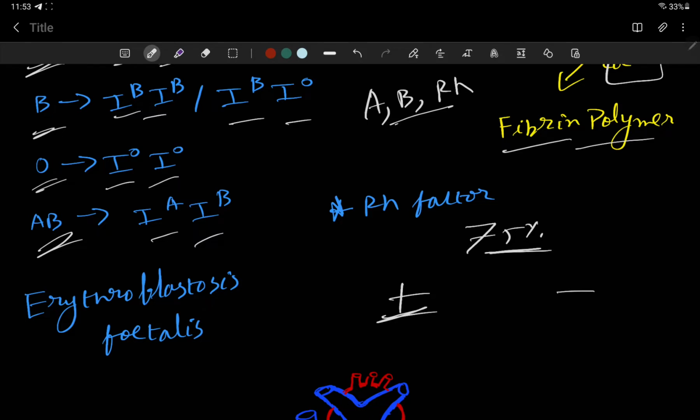That means if I have antigen A, antigen B and Rh antigen, my blood group will be AB positive. If I have only A and Rh antigen, then it will be A positive. If I have nothing but Rh, in that case my blood group will be O positive. Just like that, blood grouping is done via the ABO method with the help of Rh antigen.